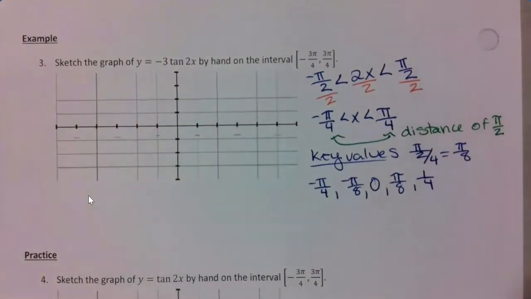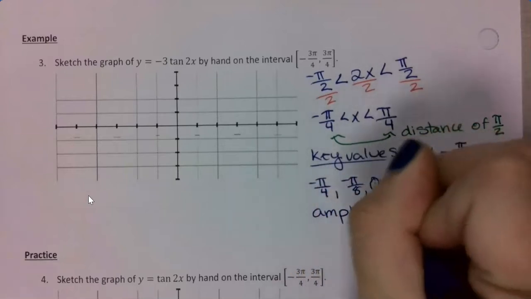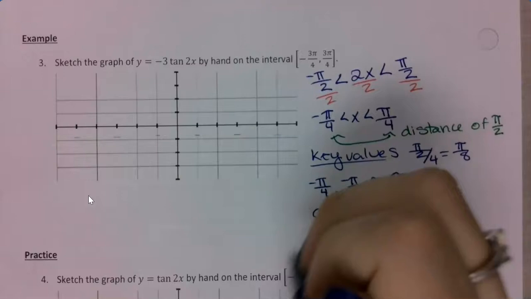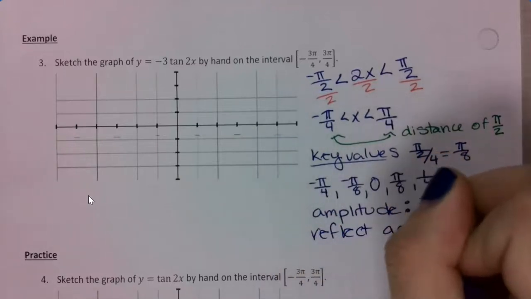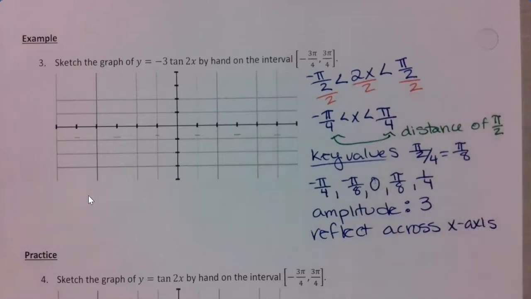Okay, before I go to graph this, what's my amplitude? No, just the 3. Remember, amplitudes are always positive, and the negative means I reflect across the x-axis. Okay, so I'm going to go ahead and label these.